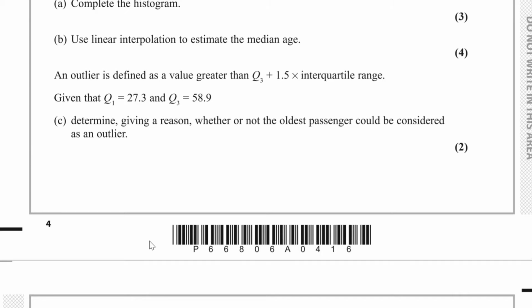Now for part C. An outlier is defined as a value greater than Q3 plus 1.5 times the interquartile range, and given that Q1 is equal to 27.3 and Q3 is equal to 58.9, we have to determine, giving a reason, whether or not the oldest passenger could be considered as an outlier.